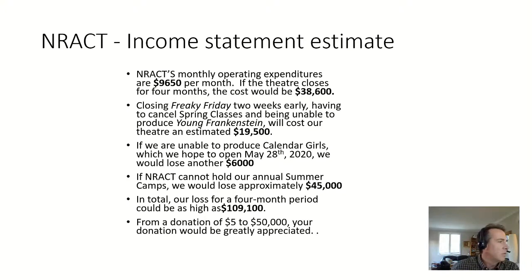If they close one of their productions 2 weeks early and they have to cancel their classes and not produce Young Frankenstein, that's going to cost $19,500 in revenue. If they can't produce Calendar Girls, they lose another $6,000 in revenue. If they can't do the annual summer camps, they lose another $45,000.